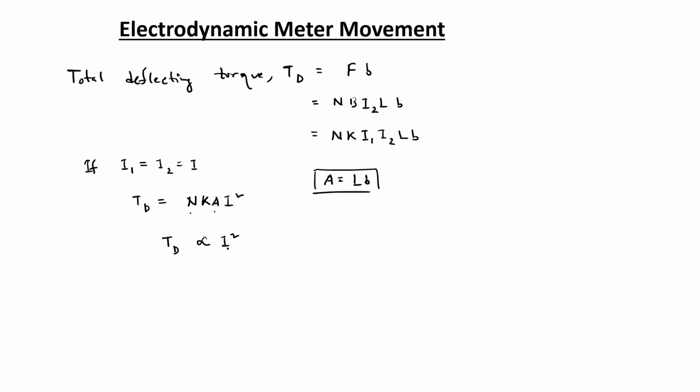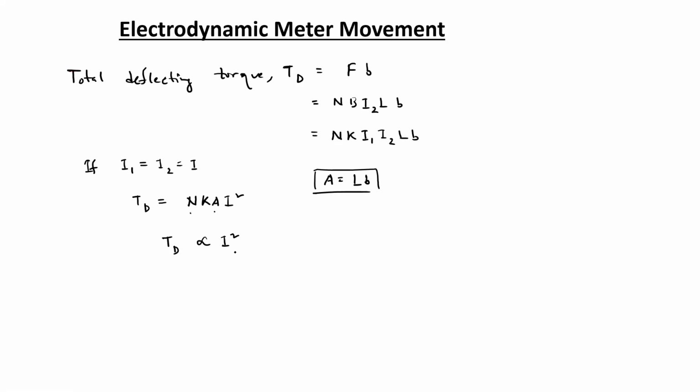So as it is proportional to the square of the current, one thing can be suggested from this relation: the deflection that is going to take place due to the deflecting torque would have a non-linear nature, because it is dependent on the square of a term.